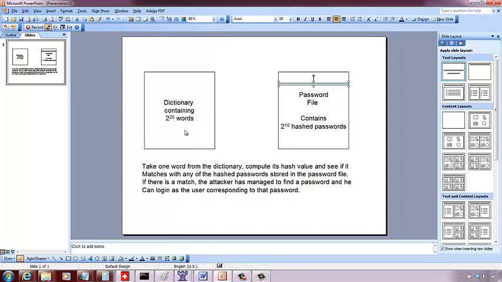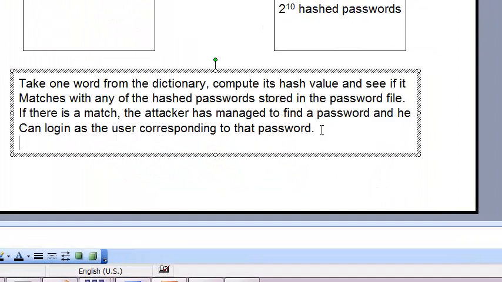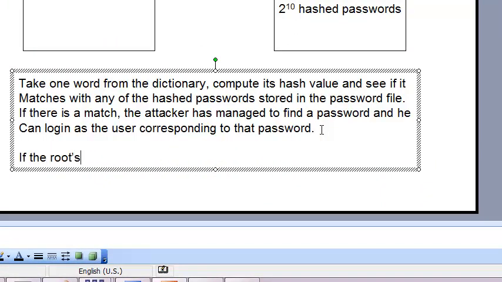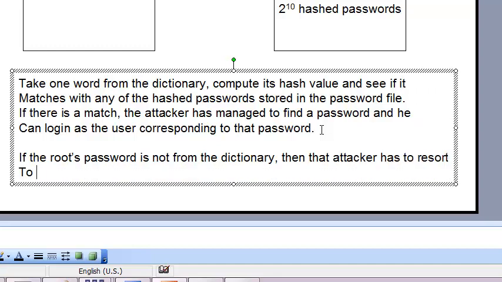So in that case, what do you have to do? We have to do a brute force approach of trying to crack the password. If the root's password is not from the dictionary, then the attacker has to resort to a brute force approach of cracking the password, right?